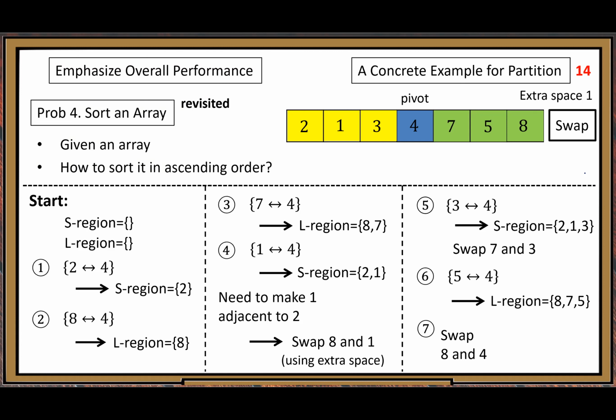And every time you need to do the divide step, you apply this partitioning step. So this is a typical partitioning step. From this example, you can see all the details of the partitioning step.